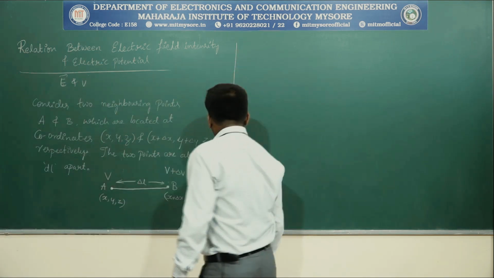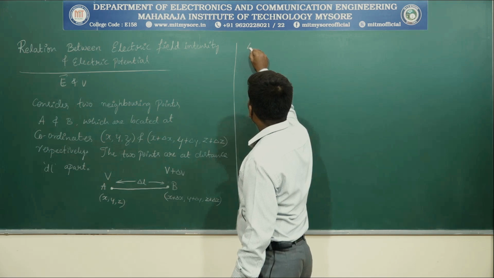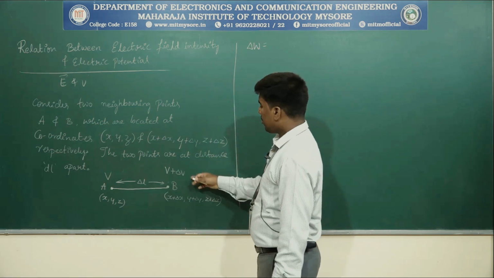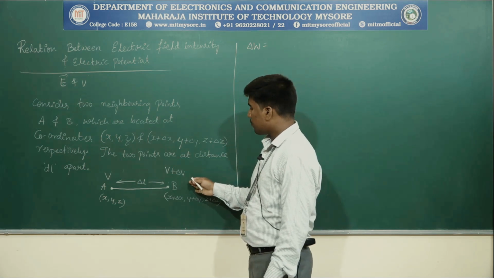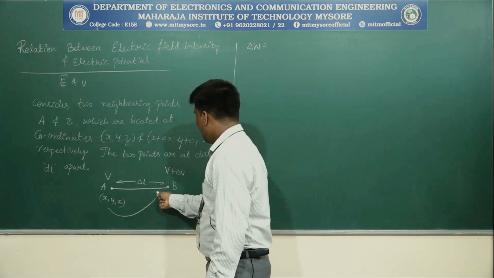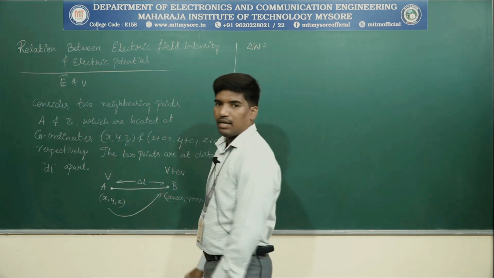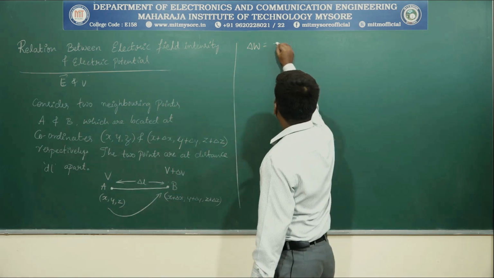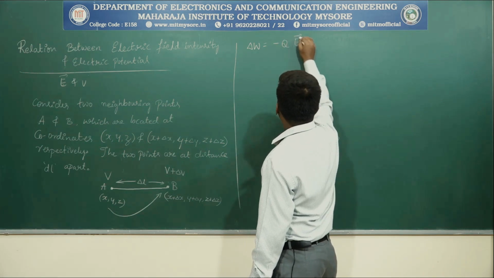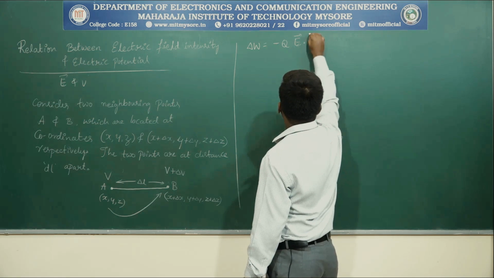Now the elementary work done, delta W, in order to move a charge from lower potential to higher potential, from A to B, is given by minus Q times E dot dl, right?